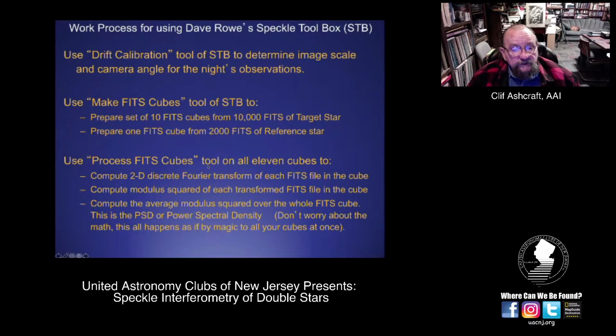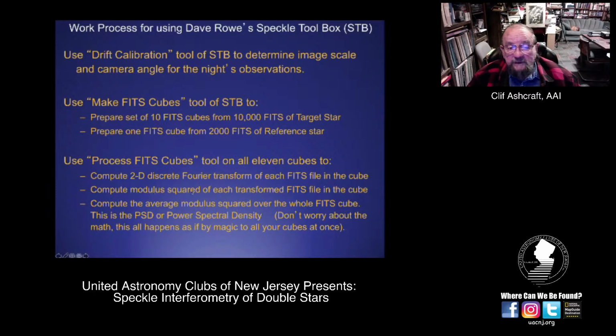I use the tool in the Speckle toolbox called Process FITS Cubes on all 11 cubes, 10 from the target, 1 from the reference. What this does is the two-dimensional discrete Fourier transform of each FITS file in the cube. Then it computes the modulus squared of each transformed FITS file.